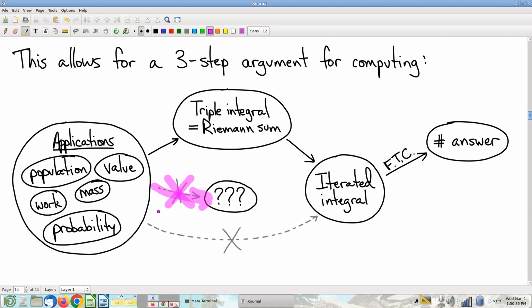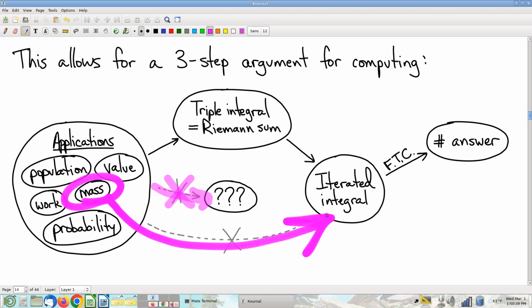That doesn't make any sense. And likewise, don't try to turn, for example, mass directly into an iterated integral. That also doesn't really make sense. The very first thing you would have to do when computing such a thing is argue that inside the iterated integral, mass per unit volume times length means something.